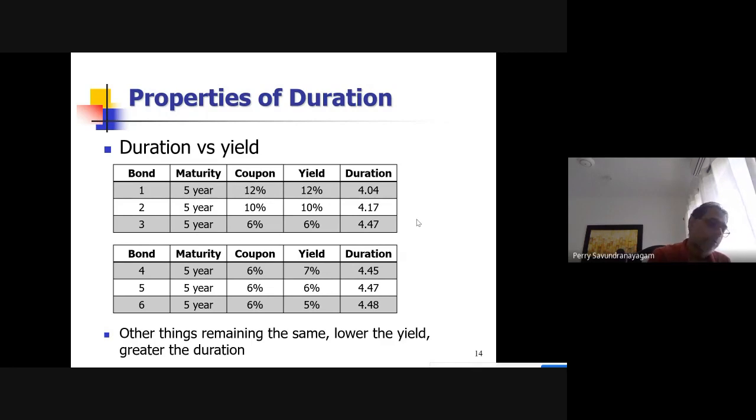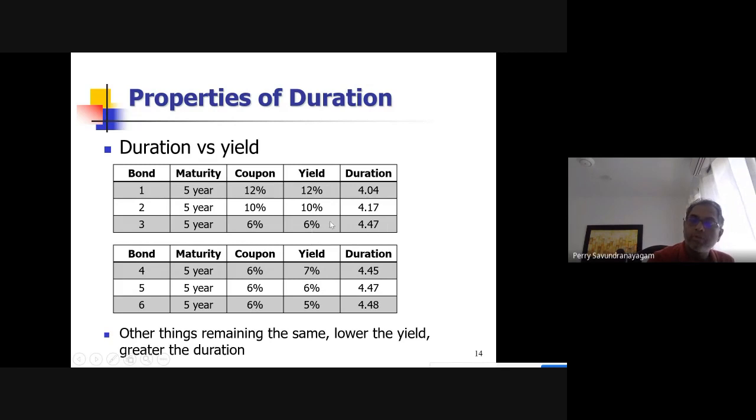Yes. So the same yield change doesn't have the same percentage difference. 1% change on a 12% instrument is, if you take it, 8.3%, right? 1% change on a 6% instrument is 1.6%.